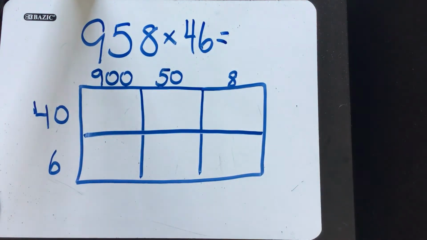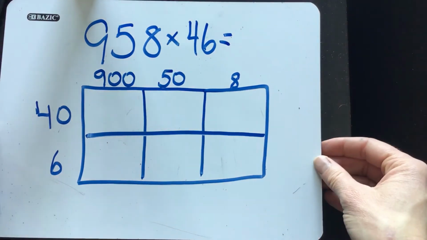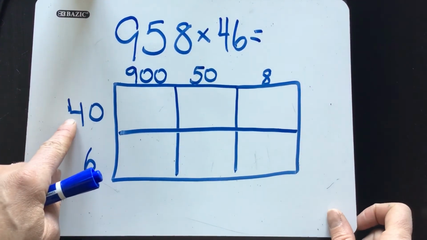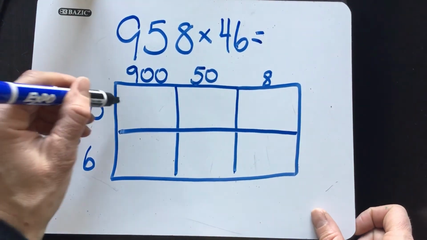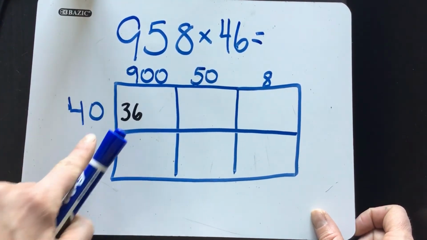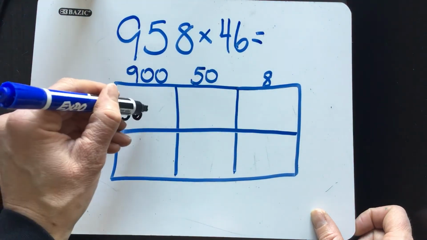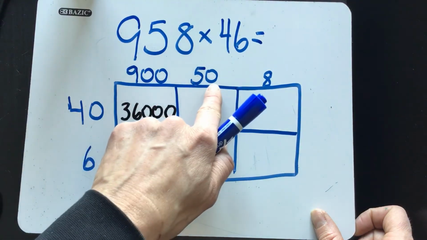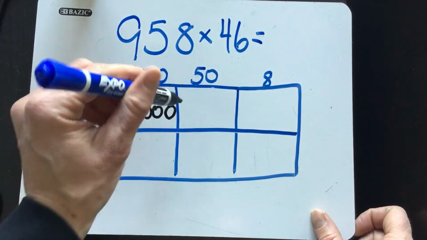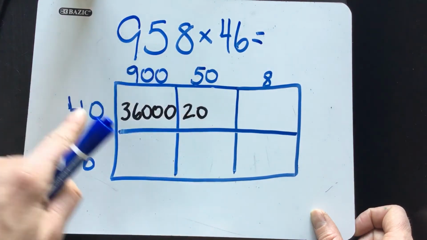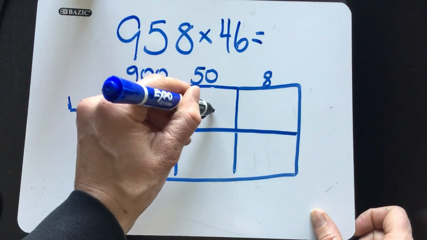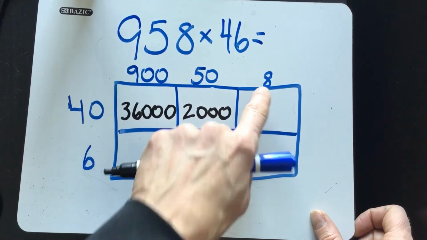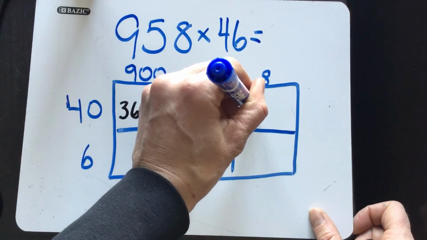Now there's a lot of zeros, so we have to make sure we include all of the zeros when we multiply here. The first thing I go to do is go, what's 4 times 9? 36. Then I see there's 1 zero, 2 zeros, 3, so I add 3 zeros on the end. Now I do what's 40 times 50, so I go 4 times 5 is 20. And there's 1 zero, 2 zeros, so I add 2 more zeros. Now I need to do 40 times 8, so 4 times 8 is 32.